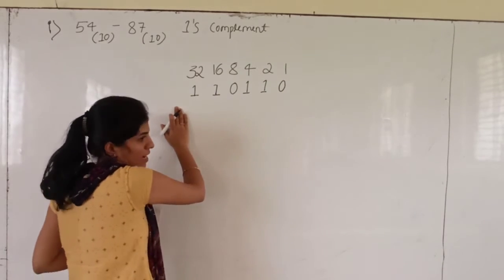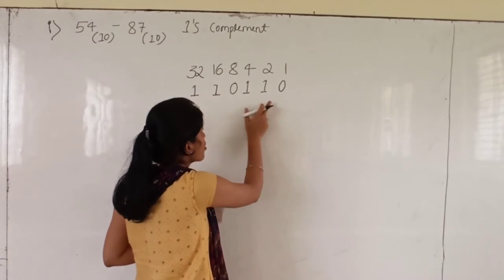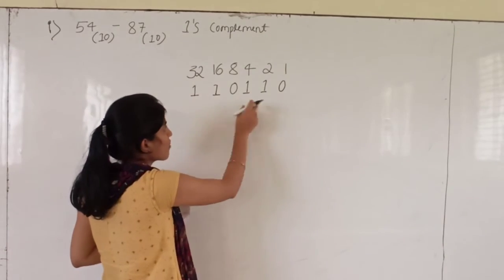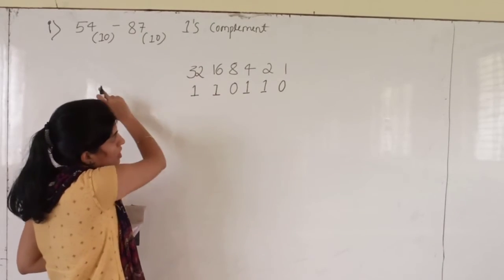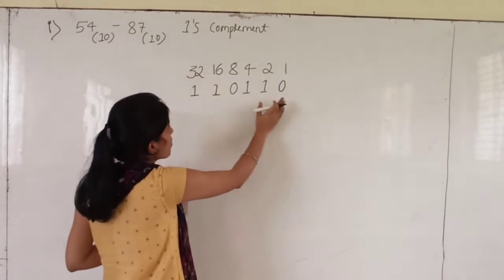You write the equivalent code from left to right.